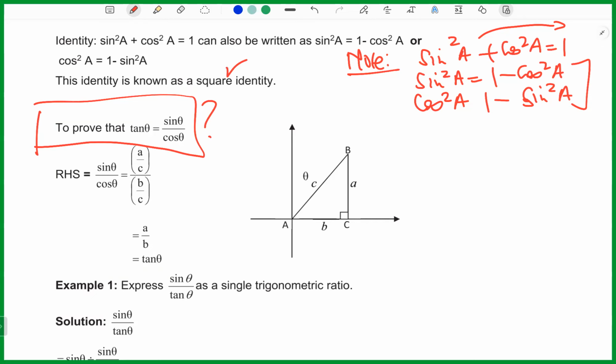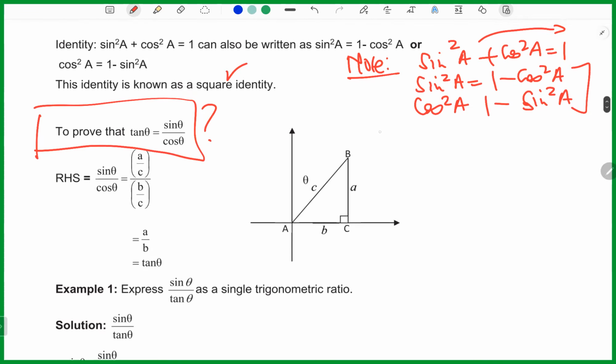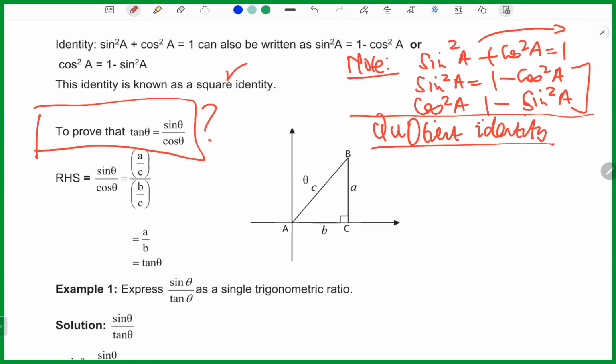Now, something called the quotient identity. How do you prove the quotient identity?